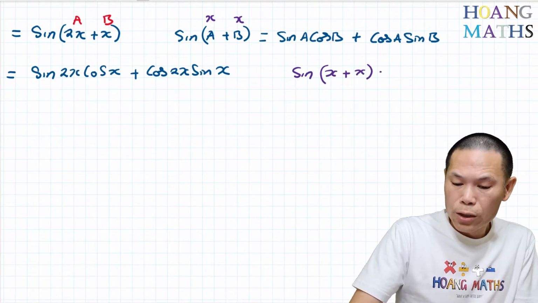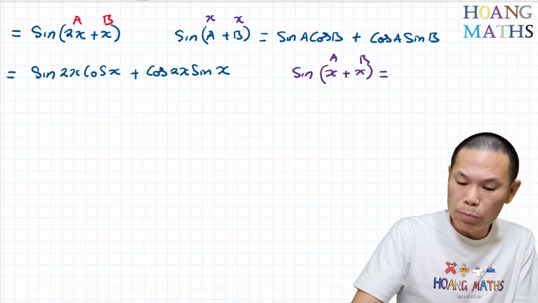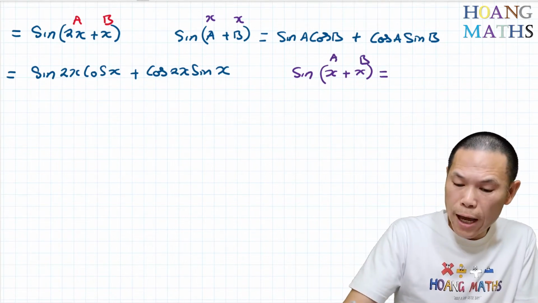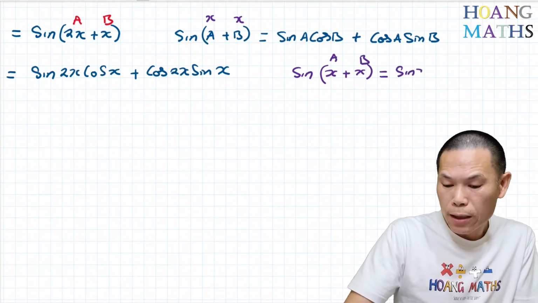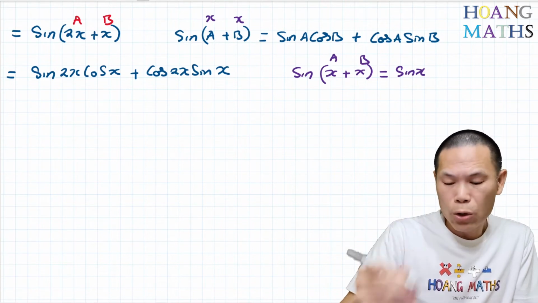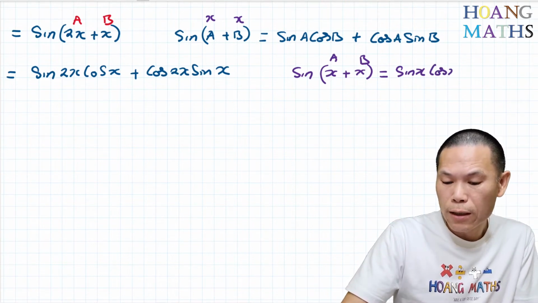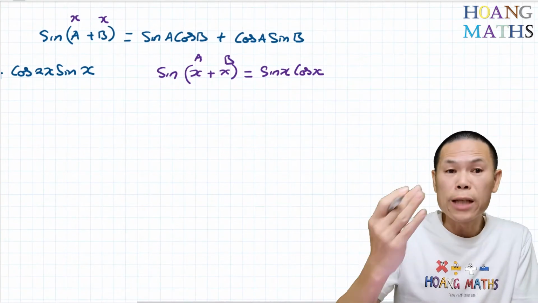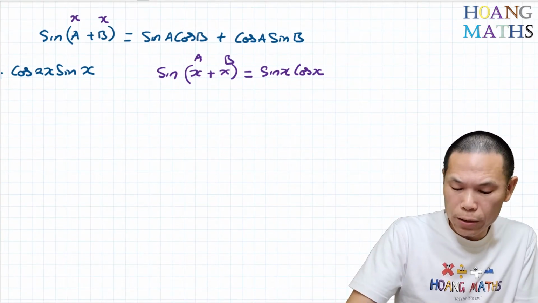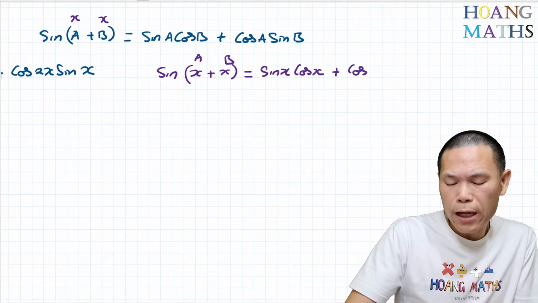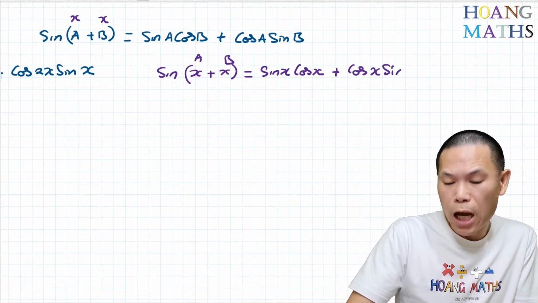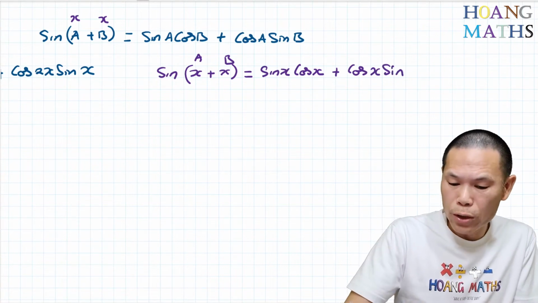So therefore, this is a, this is b. So therefore, sine a, which is sine x, times cos b, b also equal to x, so cos of x. And then we add cos a, but a is x, so plus cos of x, times sine of b, and b is also equal to x.